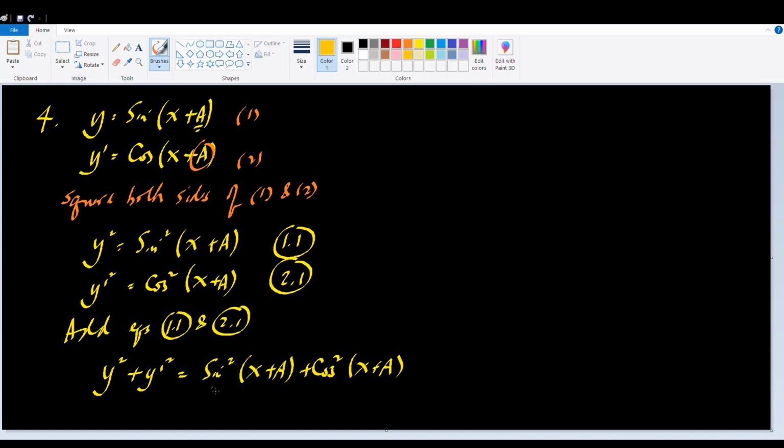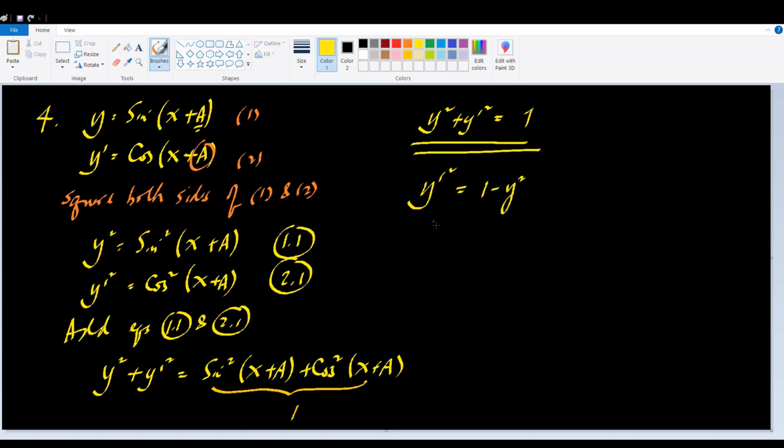And we know that this is a trigonometric identity equal to 1. Hence, our equation is y squared plus y prime squared equal to 1. Another way of writing the equation is y prime squared equal to 1 minus y squared.